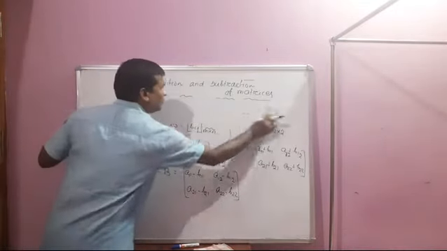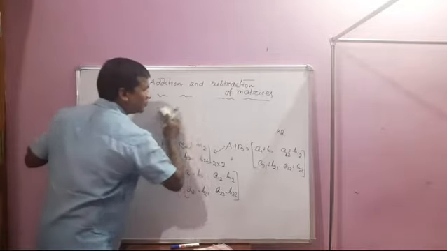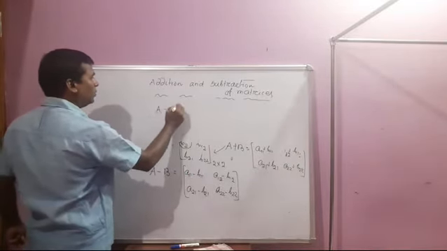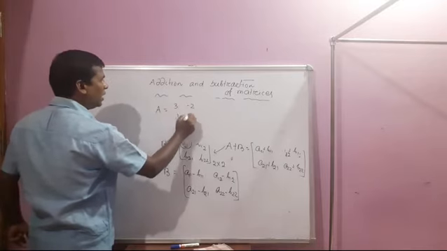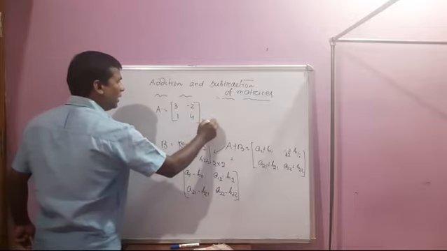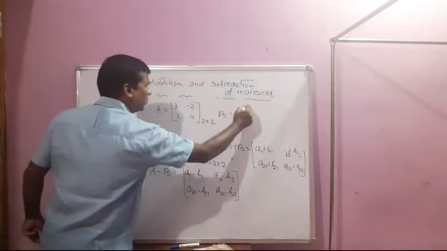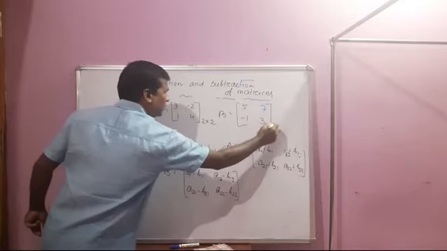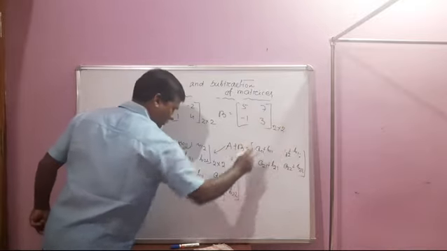Example: suppose A is equal to 3, minus 2, 1, 4. This is a matrix of order 2 cross 2, and matrix B is equal to 5, 7, minus 1, 3, also a 2 cross 2 matrix.